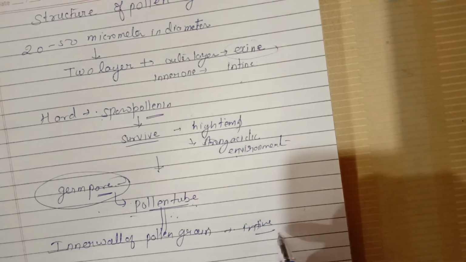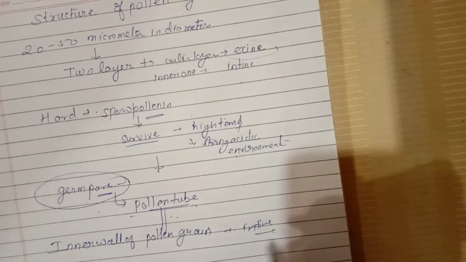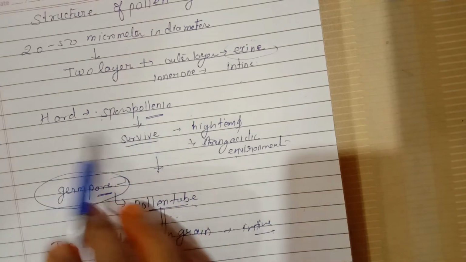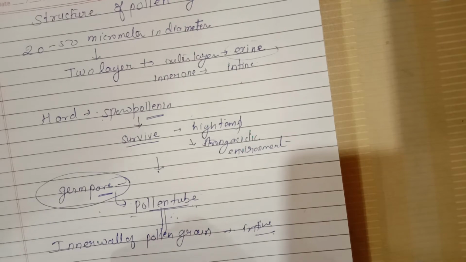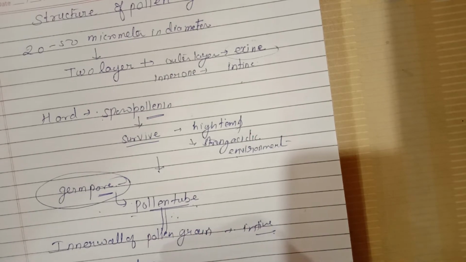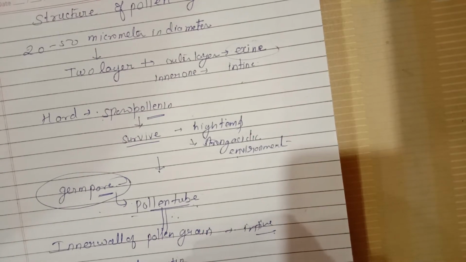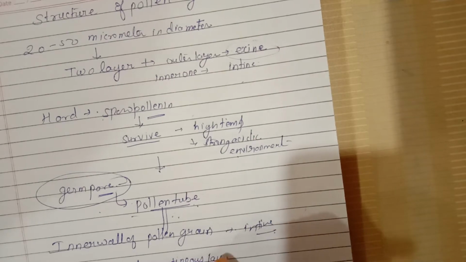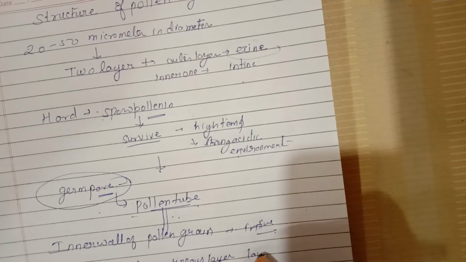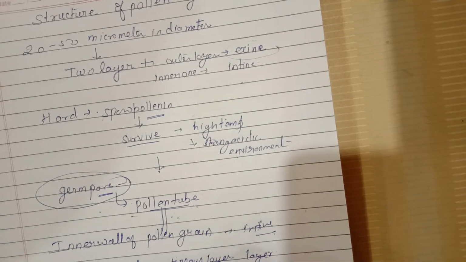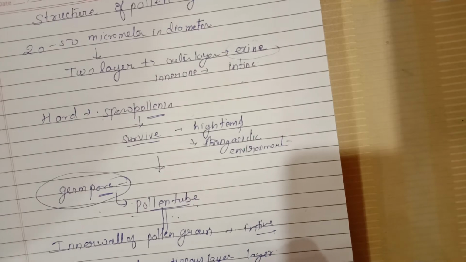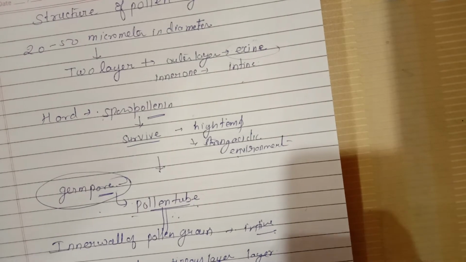The inner layer, the intine, as compared to the outer exine layer, is a thin and continuous layer, and it is made up of cellulose and another material known as pectin.